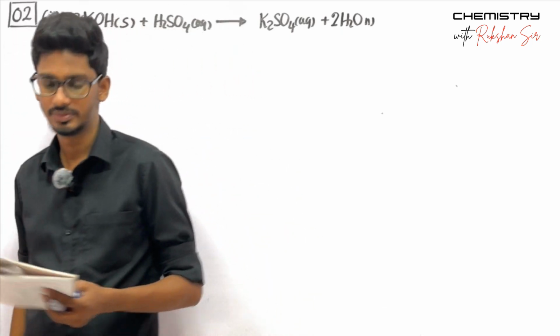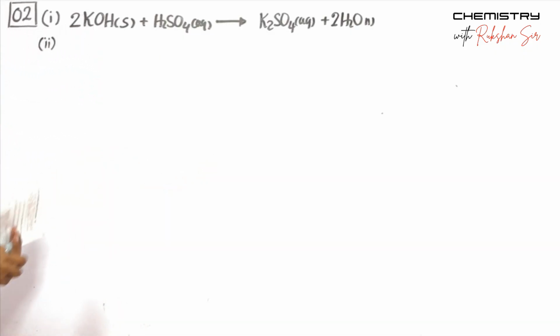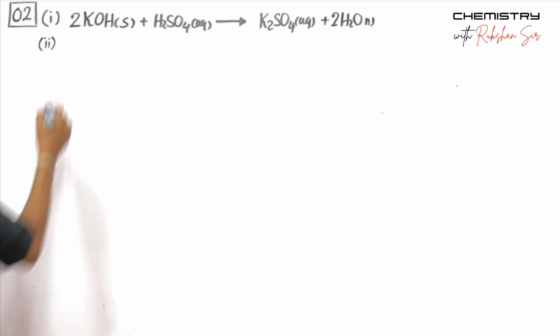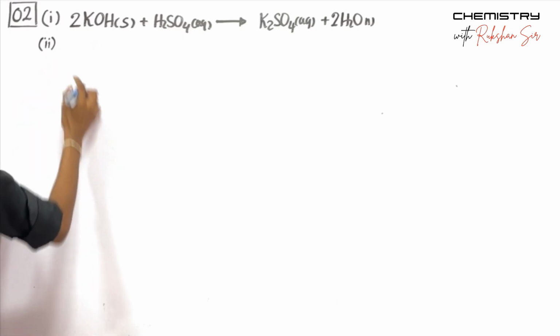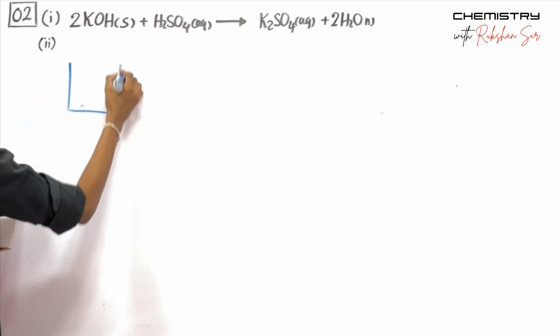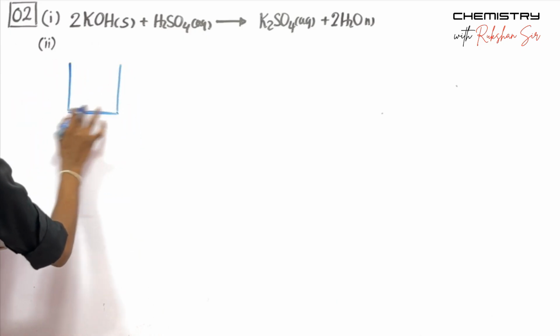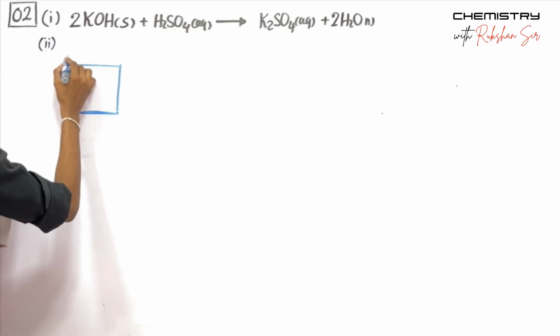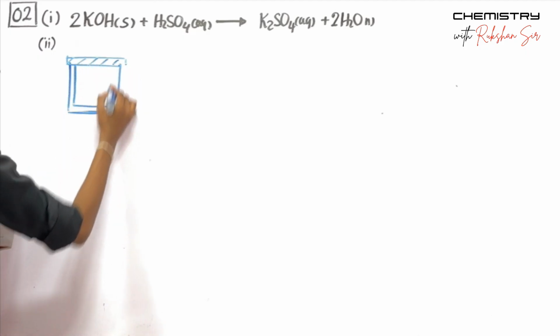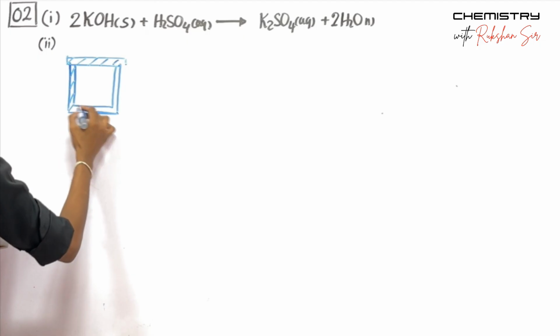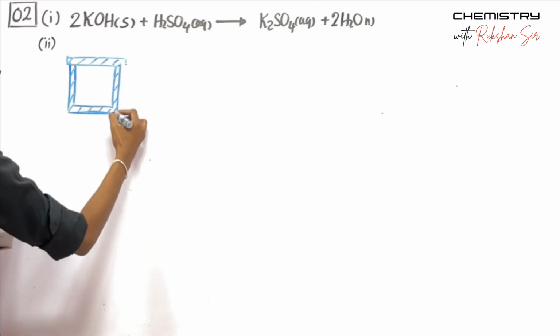Let's do it. First of all, let's come up with a picture. Normally these things are done in calorimeters. So this is a calorimeter, a heat insulated vessel, so we can assume no heat loss to the environment.